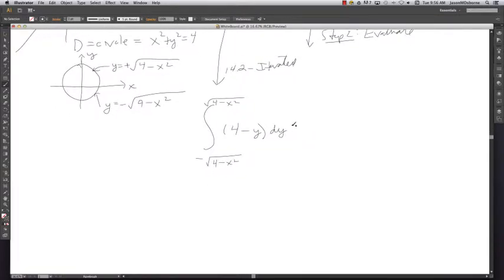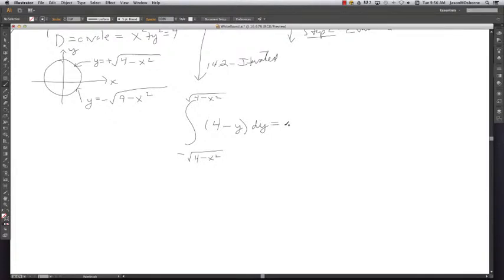This function itself is not causing us problems. It is easy to integrate as 4y minus y squared over 2, and then we need to evaluate from negative square root of 4 minus x squared to square root of 4 minus x squared.